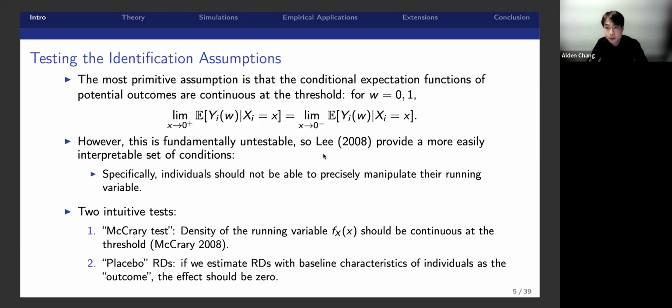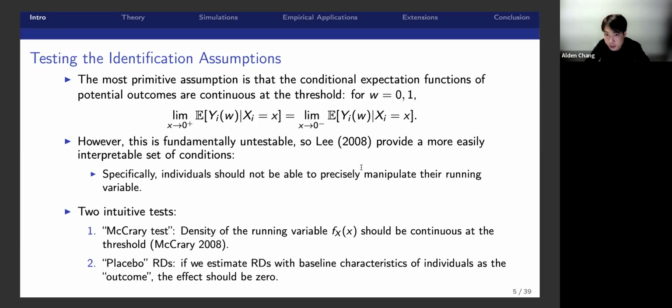David Lee provided a set of more easily interpretable conditions for RDs in his 2008 paper. Specifically, he assumes that individuals should not be able to precisely manipulate their running variable. I should elaborate on this, because the word "precisely" is quite important in this setting.